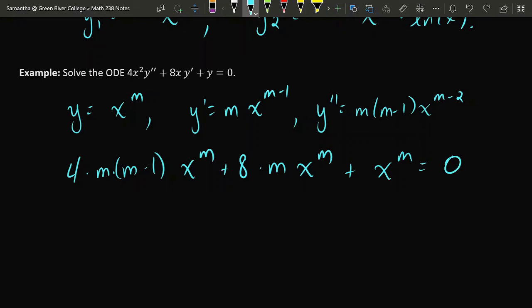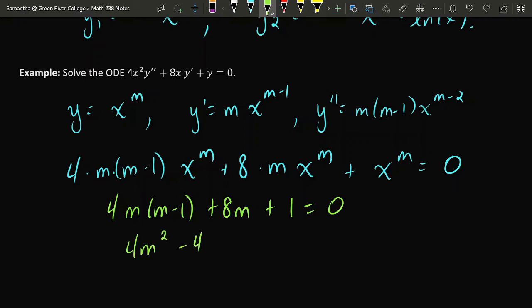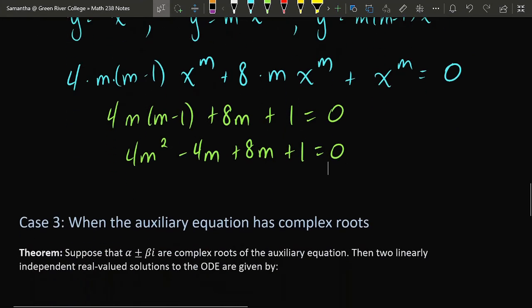Once again, we're going to divide out x to the power m, which gives us 4 times m minus 1, plus 8m plus 1 equals 0. So that's 4m squared minus 4m plus 8m plus 1 equals 0, so 4m squared plus 4m plus 1 equals 0.